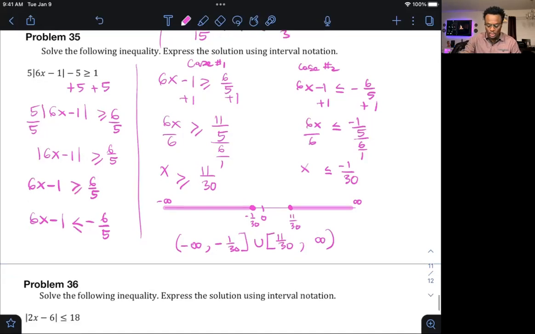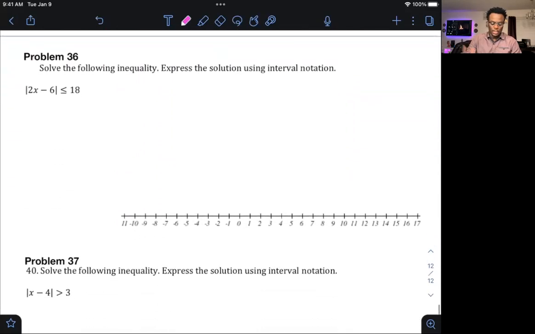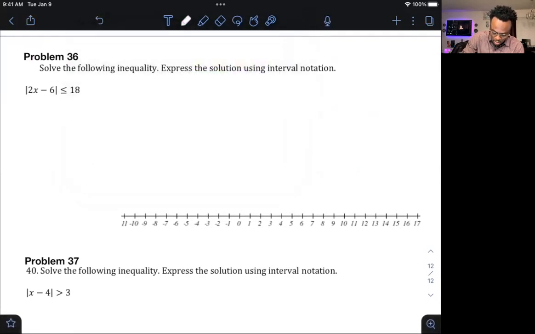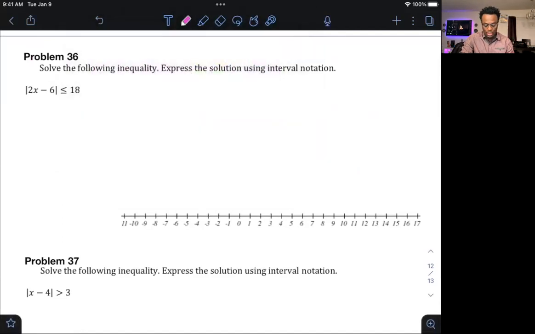And number 36, same thing. We can just set up this inequality however we want it to be, but that's going to be easy.